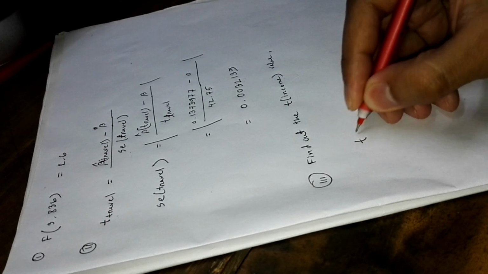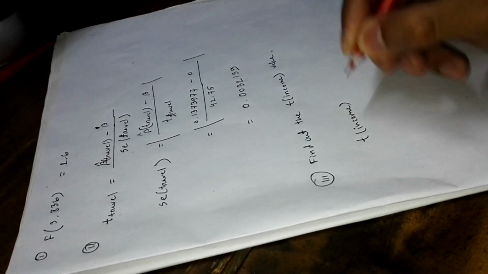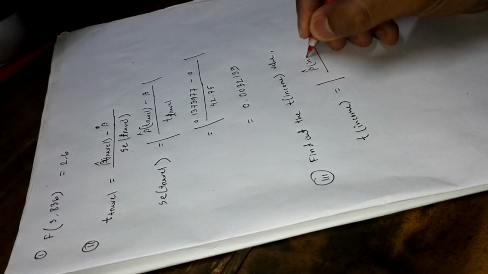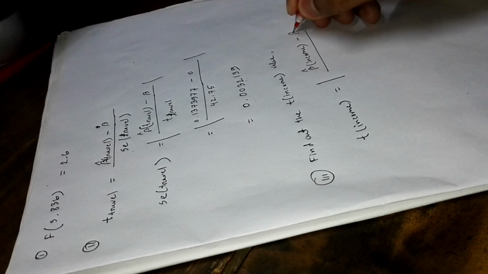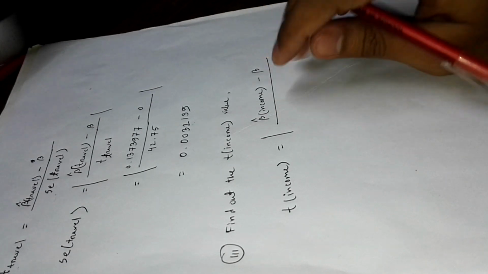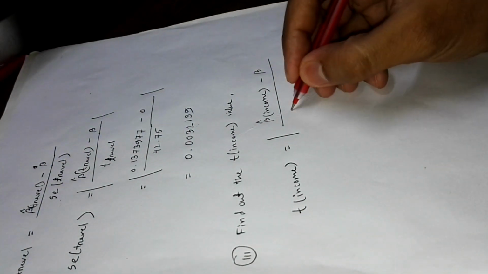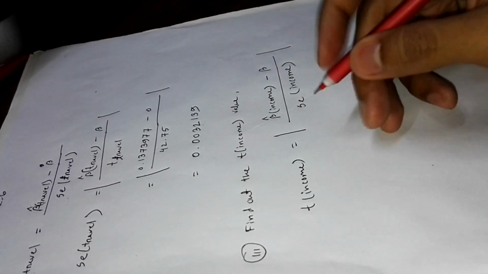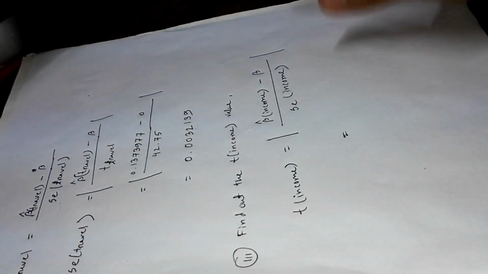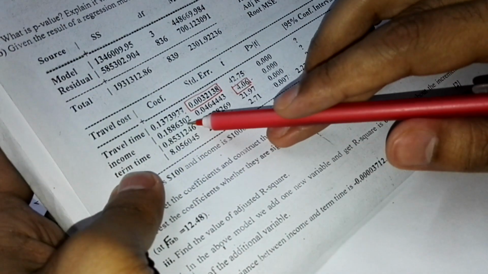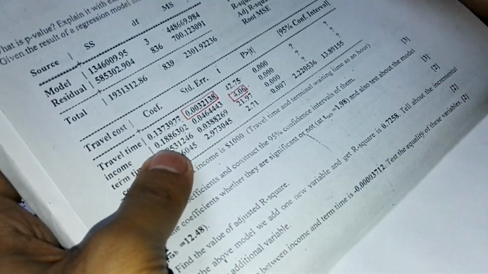T income is equal to beta hat income minus the population parameter beta of income, divided by the standard error of income, for the absolute value. So modify it and just insert the values. Beta of income is something like this, 0.1886.